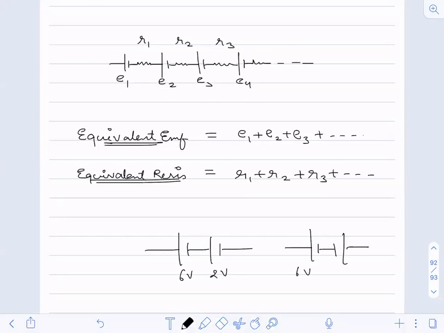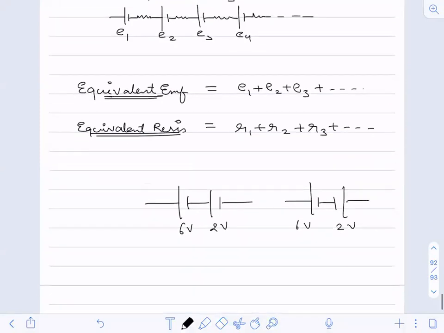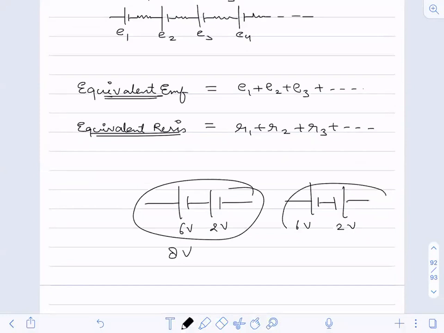So for this you would have got the answer 8 volt, and for the other you would have got 4 volt. When the cells are connected in this sense, positive of one cell connected to negative of the other cell, then that cell's positive connected with the negative of the next cell, this is additive nature.